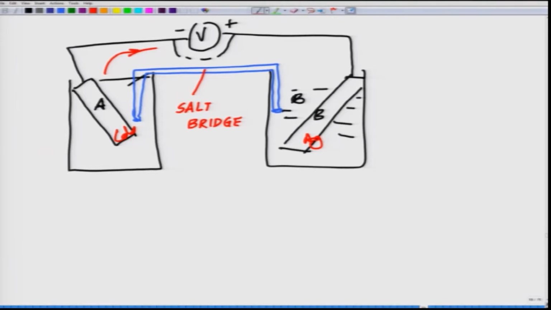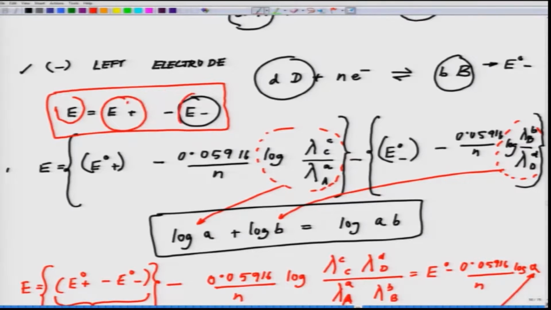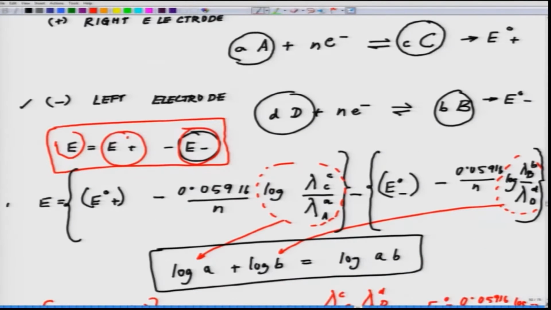Now, if you look at this reaction, this is how we measure, right. This is the potential, and this is positive, this is negative. Okay. And this is how we make the left electrode and the right electrode. If everything is the same, if both the electrode reactions are the same, will the current flow across it or not?